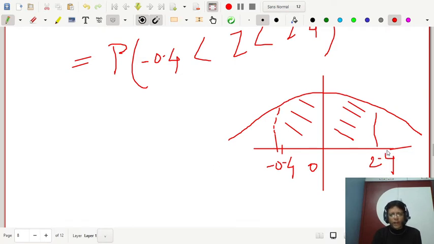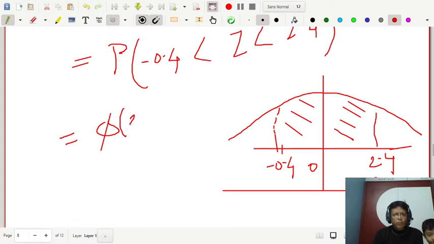So how will you calculate? You can calculate this total region up to minus infinity to 2.4, and this is symmetric distribution, symmetric about the origin. So you can write phi 2.4. So what do you mean by phi 2.4?